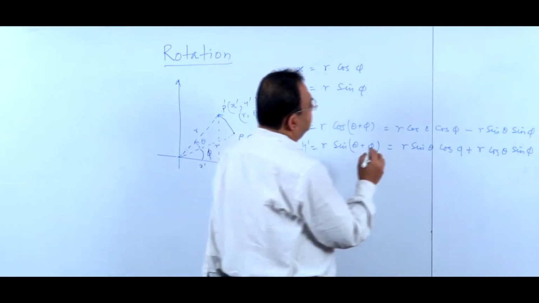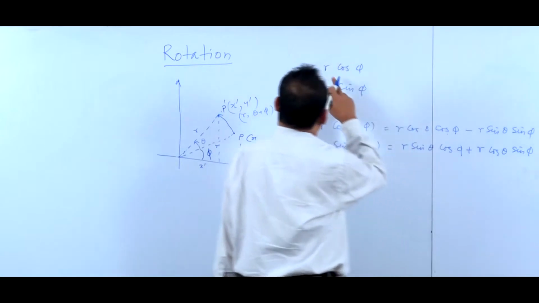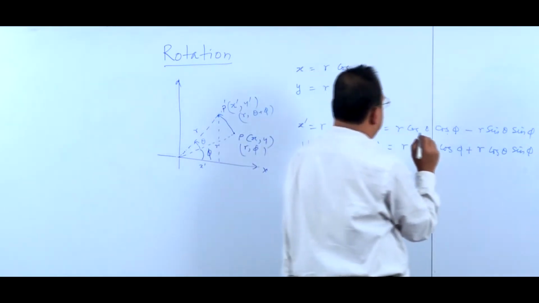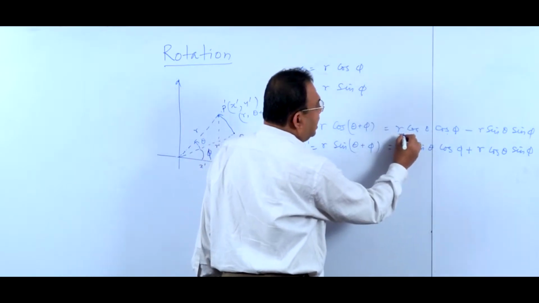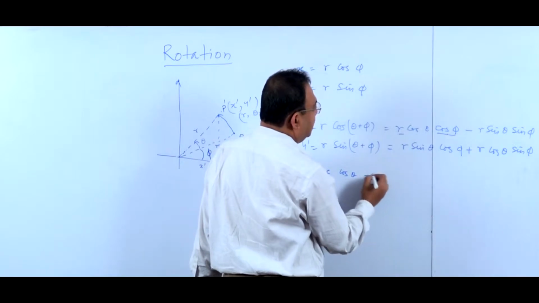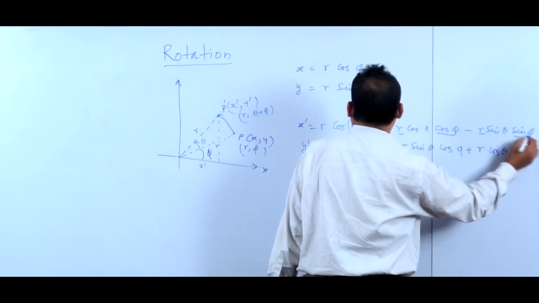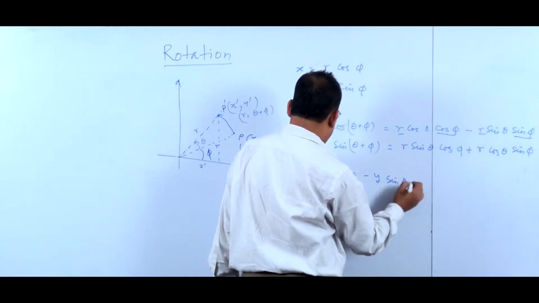Now you can substitute this r cos phi as x. So we can write x dash is equal to x cos theta minus, and r sin phi is y, that is y sin theta.